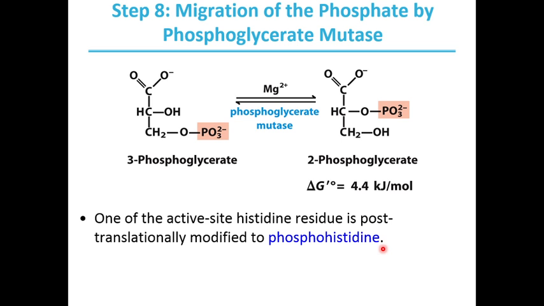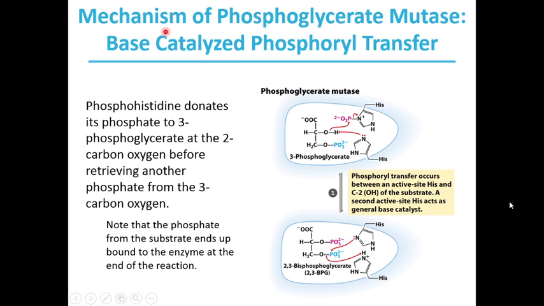It is worth understanding the mechanism of the reaction catalyzed by phosphoglycerate mutase because it is unusual. And it is unusual because the enzyme has 2 histidines in its active site, and one of them happens to be attached to a phosphate group, and it exists as phosphohistidine.